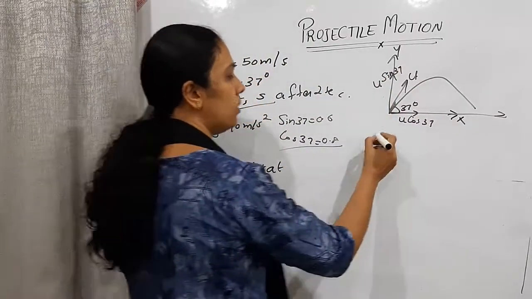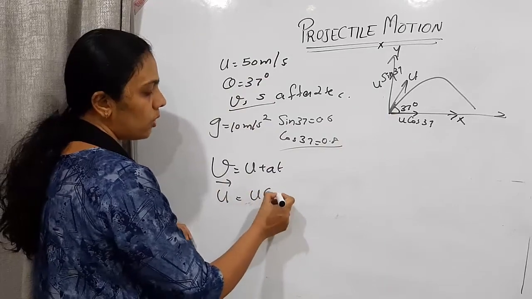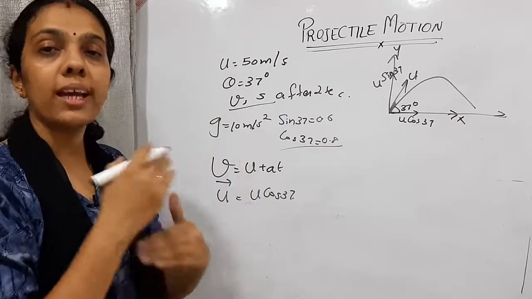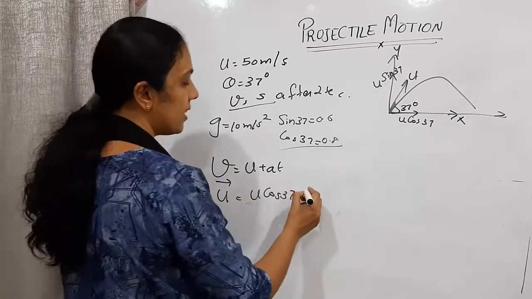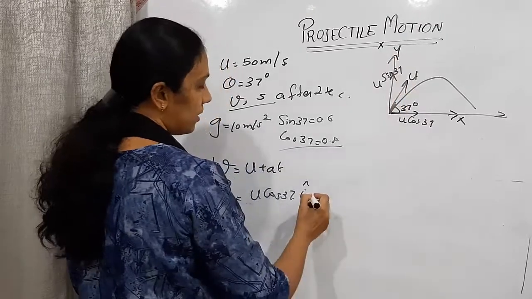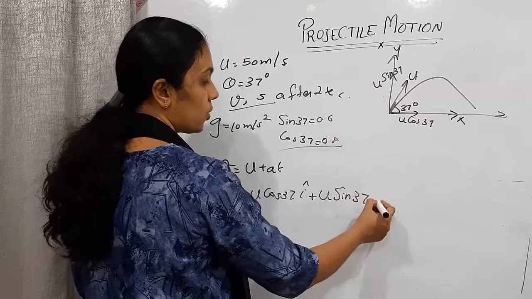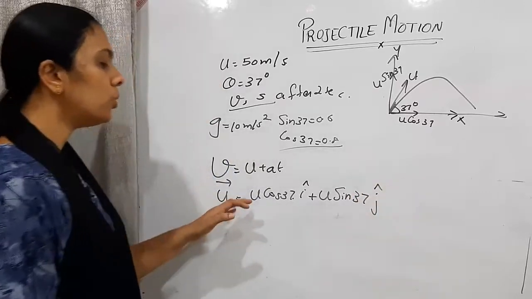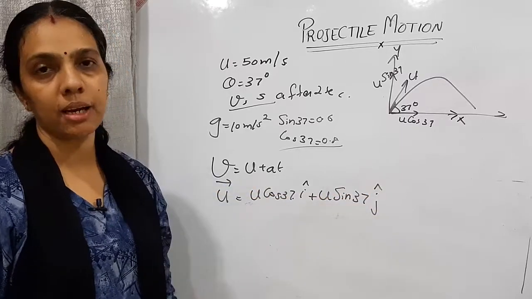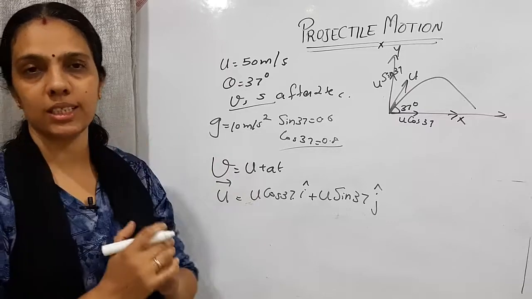We can write u as u cos 37 along the x-axis, which is I cap, then u sin 37 along the y-axis, which is j cap. So u cos 37 I cap plus u sin 37 j cap. This is how we represent the velocity in a plane.